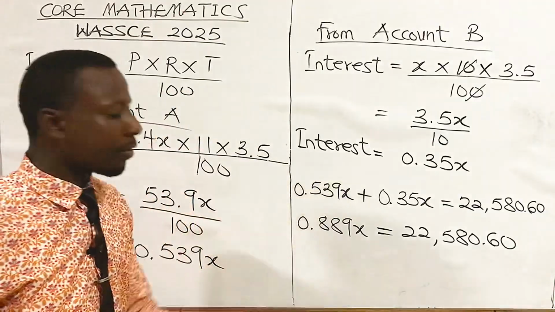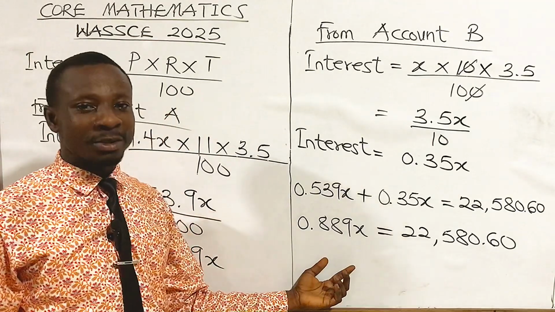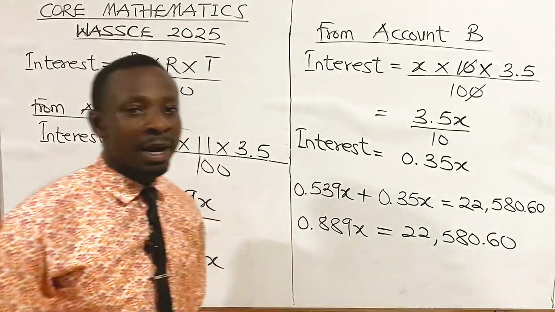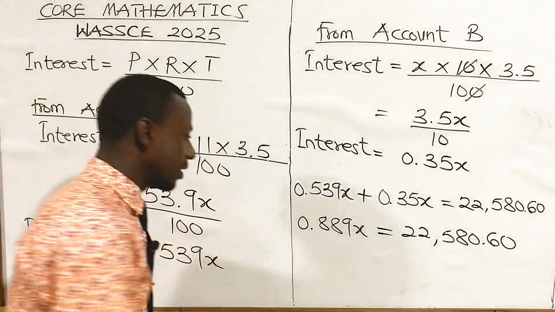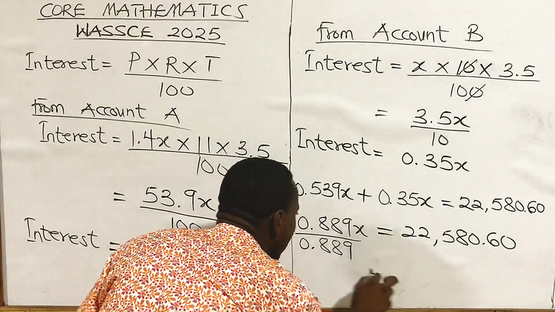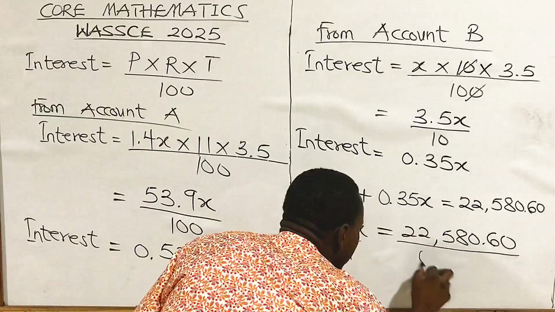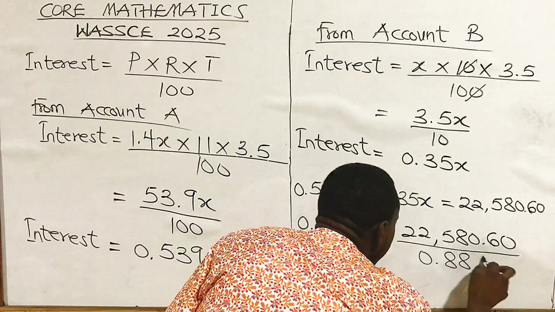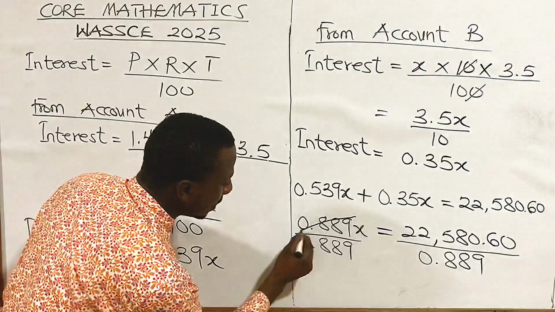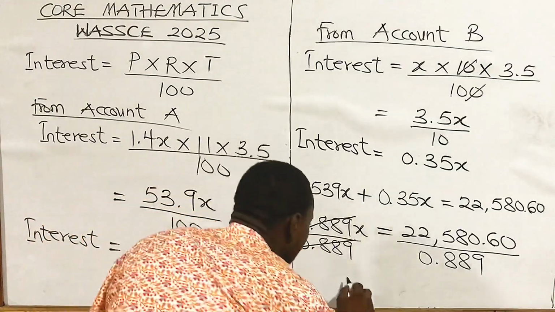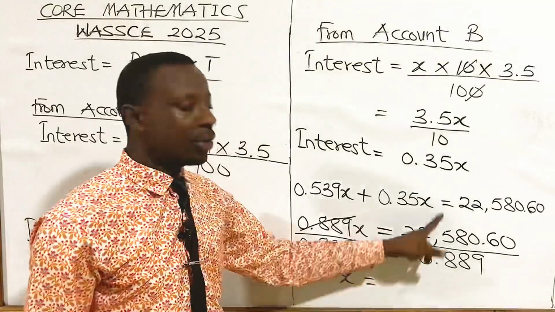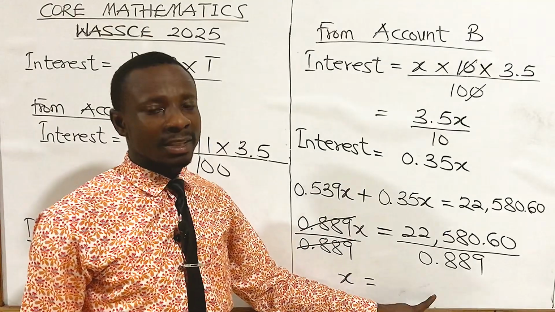Good. So from here, what do you think we are going to do? Basically, we are going to divide through by the coefficient of x. So I'll divide here by 0.889 and also divide here by 0.889. This will cancel this, and I have x equal to, then we use the calculator to divide this.